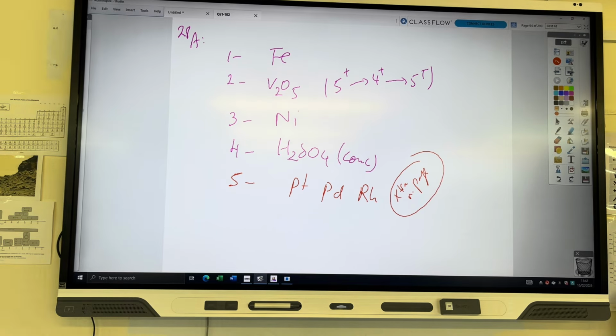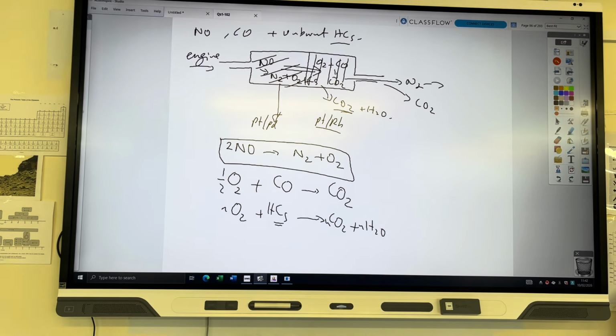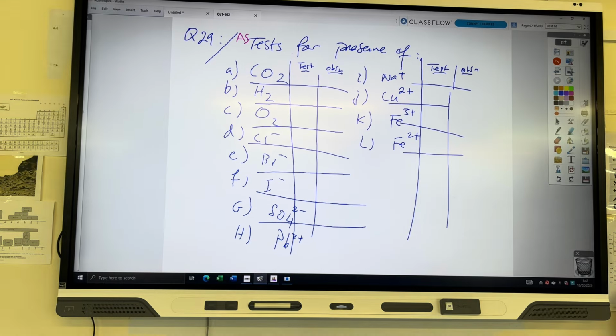Now, there are quite a number of gases and ions. So, for example, for carbon dioxide, test for presence of.